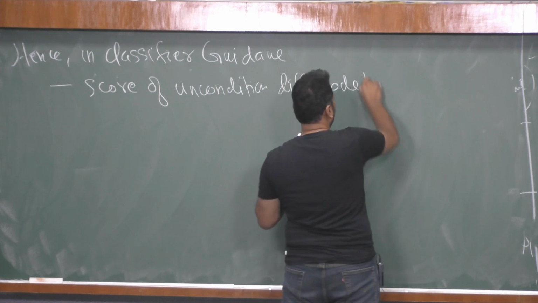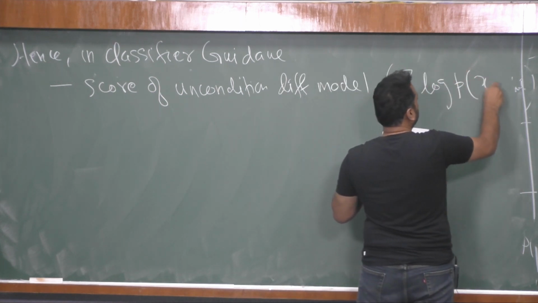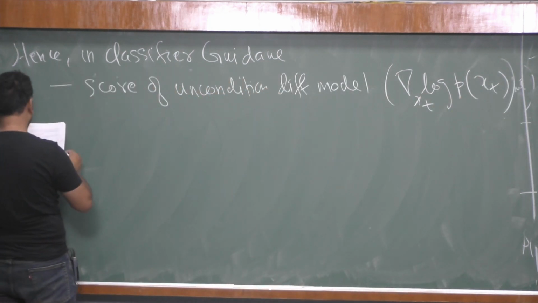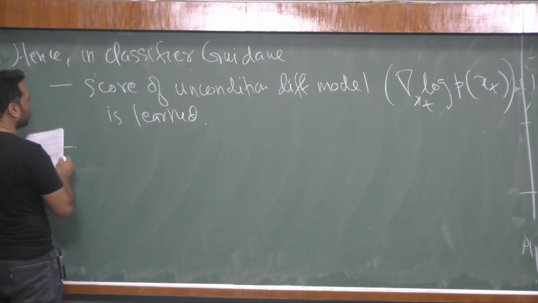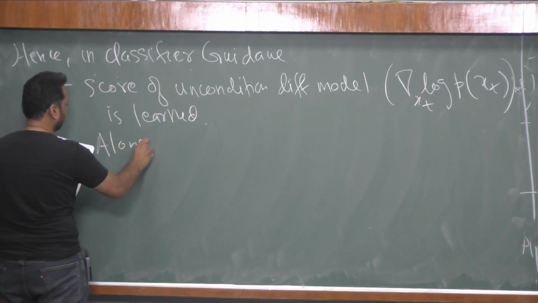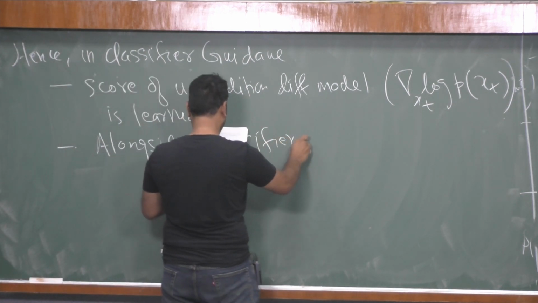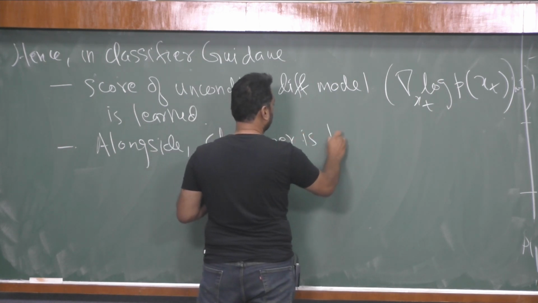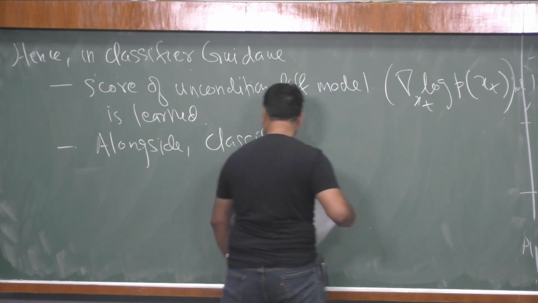So we are writing the same things in words now. So log p xt is learned, and alongside, the classifier is learned. What is the role of a classifier?